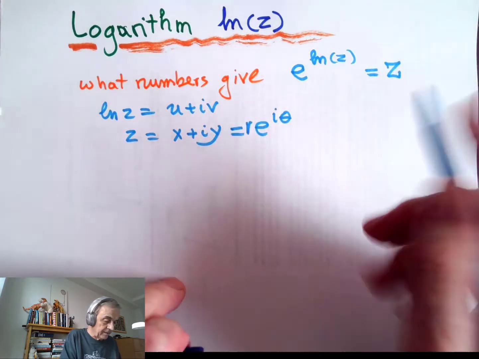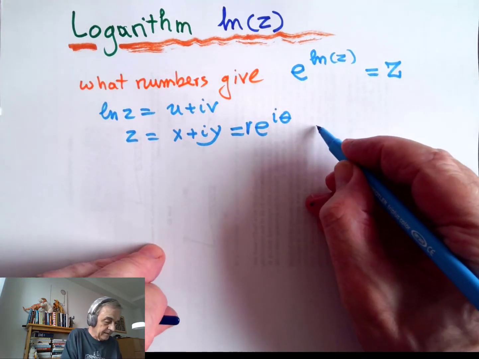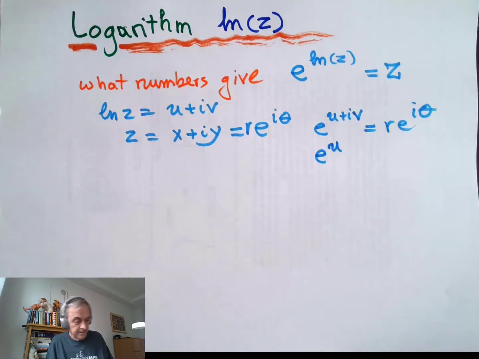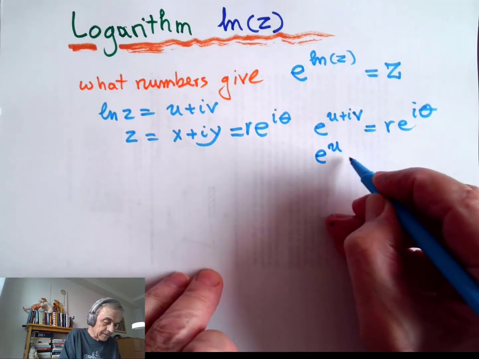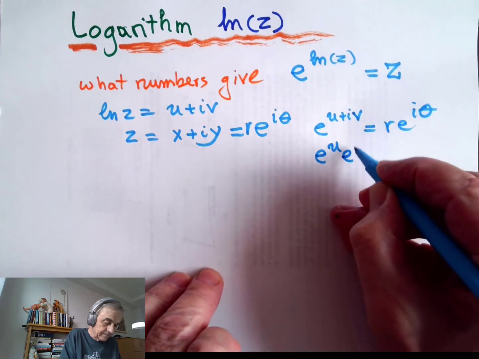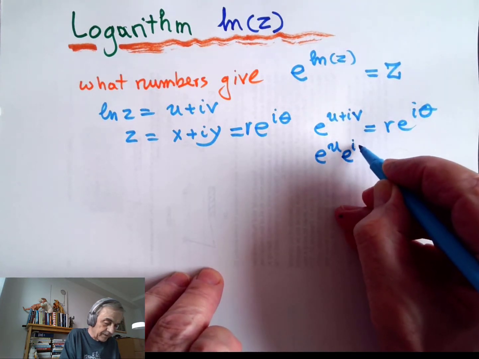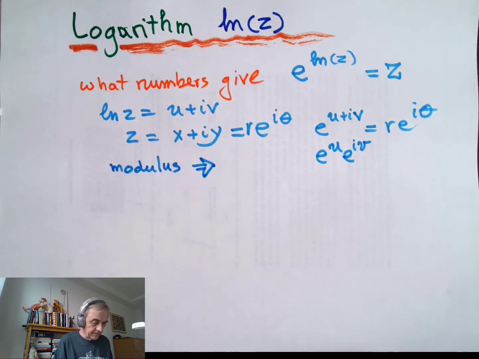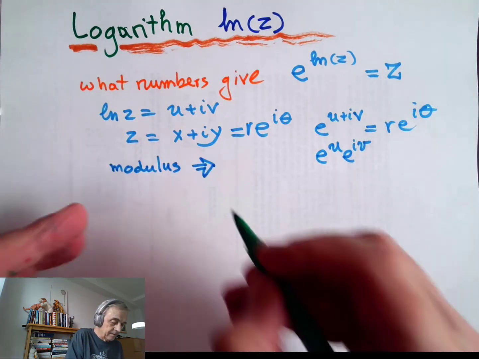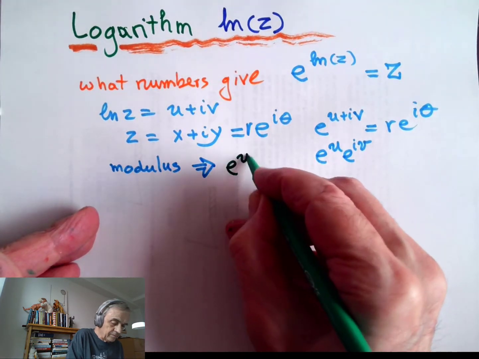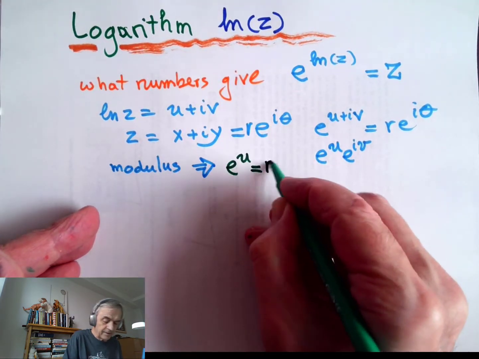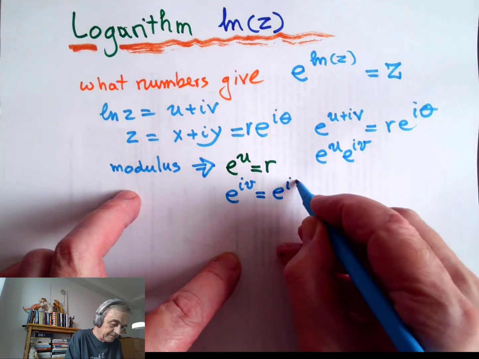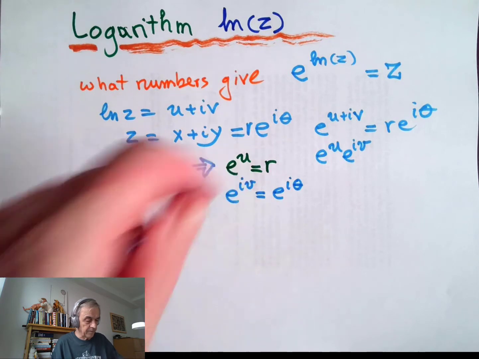From here, we have e^{u+ib}, just an ordinary exponential times e^{ib}, that's pure phase. So taking the modulus implies that e^u equals r, so that's the real part, and then e^{ib} equals e^{iθ}.